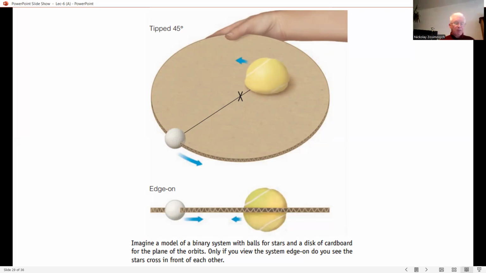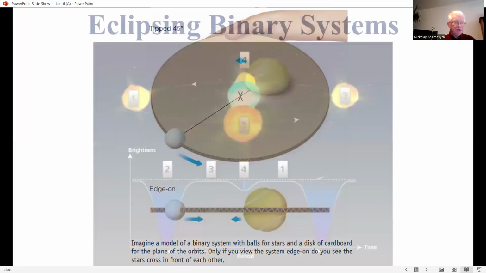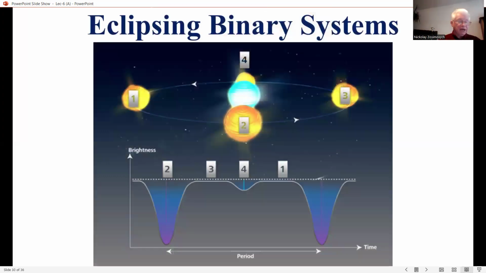Imagine a model of a binary star system in which a cardboard disk represents the orbital plane and balls represent the stars, as in this figure. If you see the model from the edge, then the balls that represent the stars can move in front of each other as they follow their orbit.